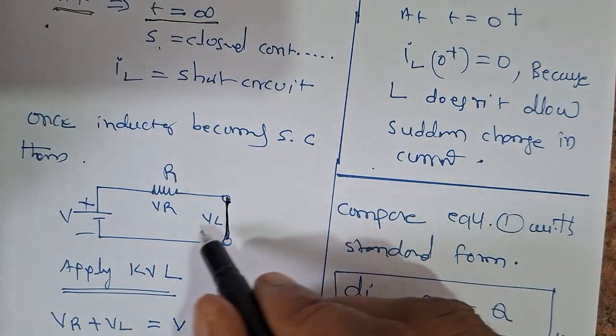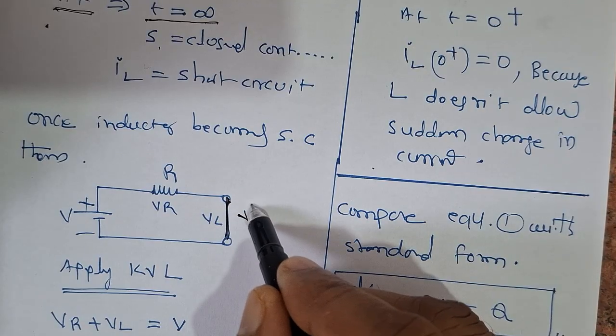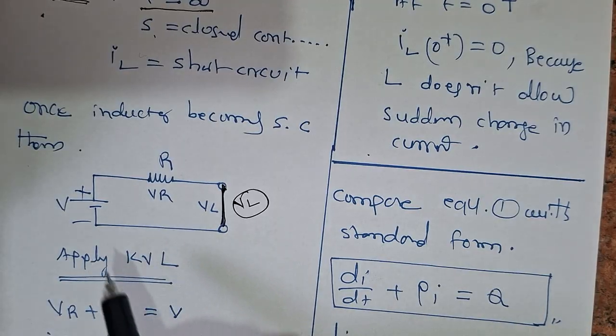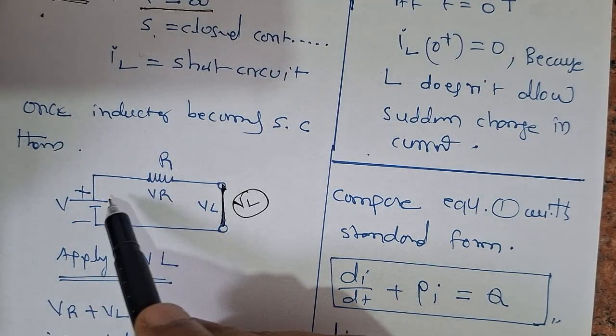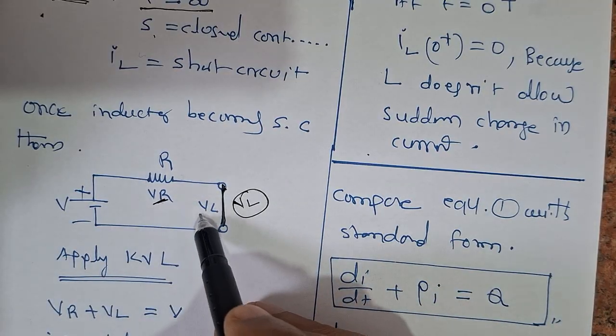VL is nothing but the voltage across the inductor. So what is the response of these two? V is the input voltage, and VR and VL are the voltages across the resistance and inductor.